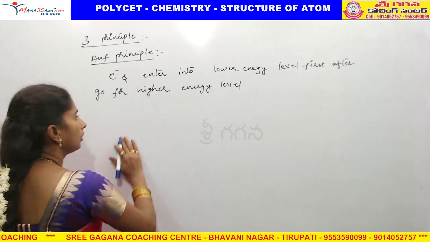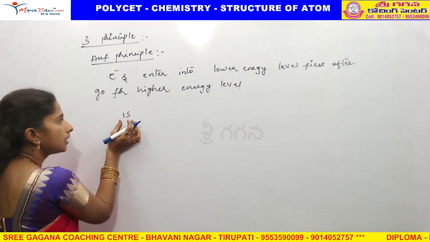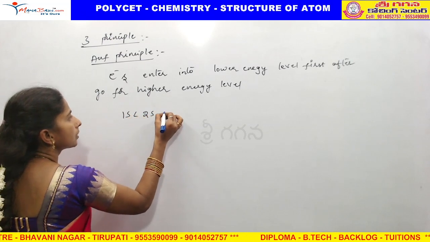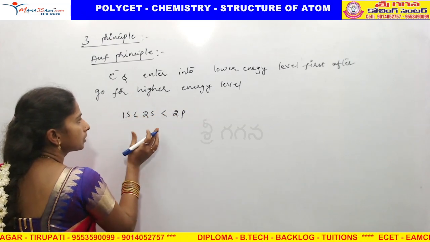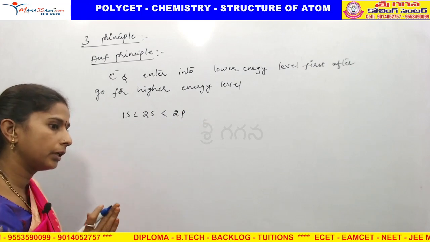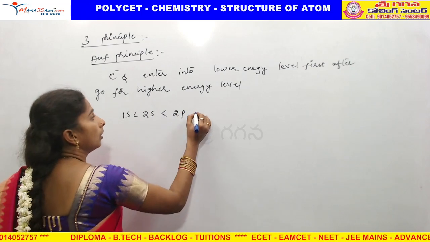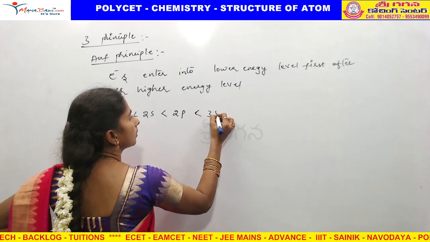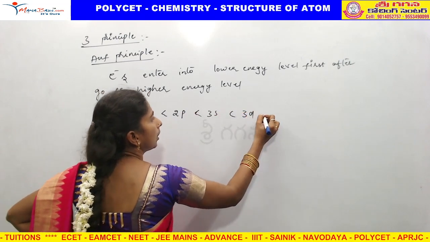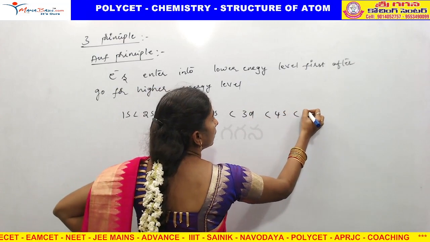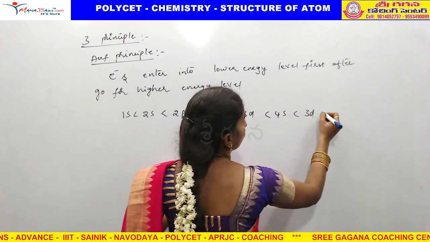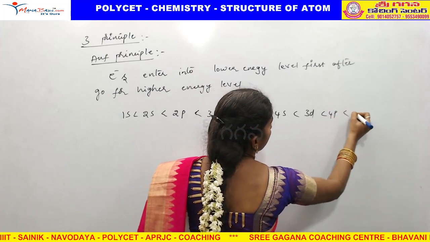What is the order? 1s has the lowest energy level. After that 2s, after that 2p. This order is very important to write the electronic configuration. After that 3s, 3p. After that 4s, 3d. After that 4p, 5s.